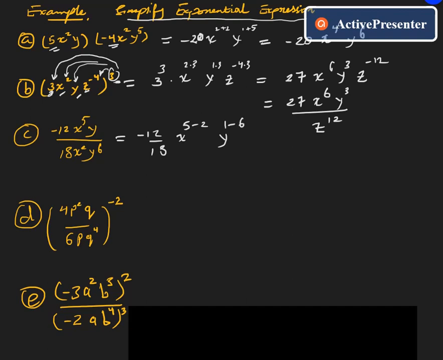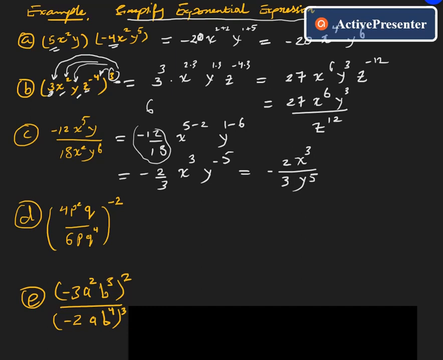So this is eventually equal to, if we see here 12 over 18, if we take 6 as a factor, this should be minus 2 over 3, multiplied in x to the power 3 multiplied in y to the power minus 5, which is eventually equal to minus 2 over 3 x cube over y to the power 5.